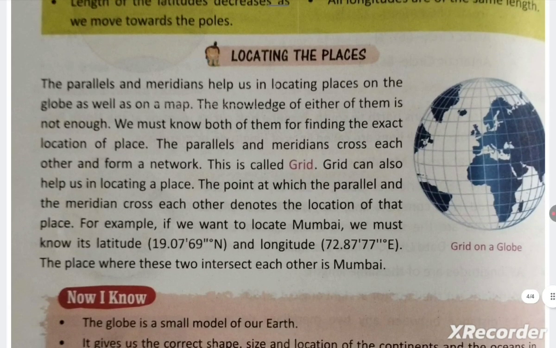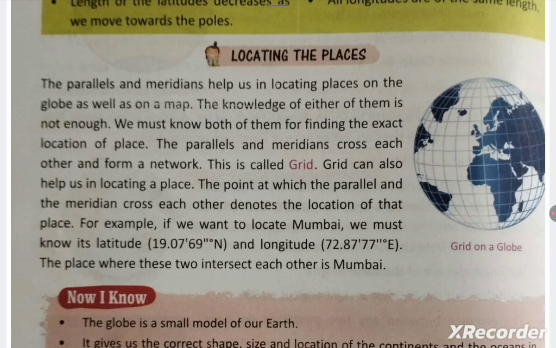Locating the places. The parallels and meridians help us in locating places on the globe as well as on a map. The knowledge of either of them is not enough. We must know both of them for finding the exact location of a place.